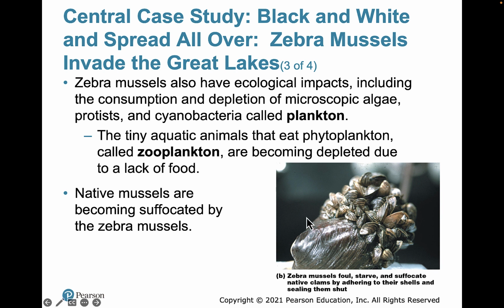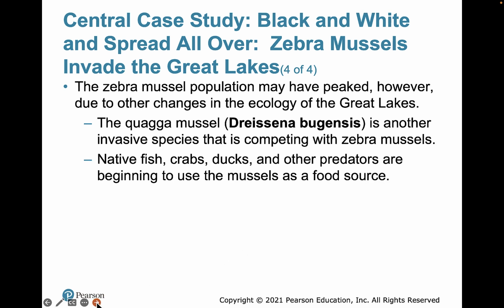For native species, like this big native mussel, this is how tiny they are in comparison. Then because the zebra mussels will attach to anything that's not moving, these mussels tend to be benthic, which means bottom dwelling. So they will attach onto these mussels that are at the bottom, and they seal their valves shut so the shells can't open for gas exchange and any of that. So it's definitely problematic.